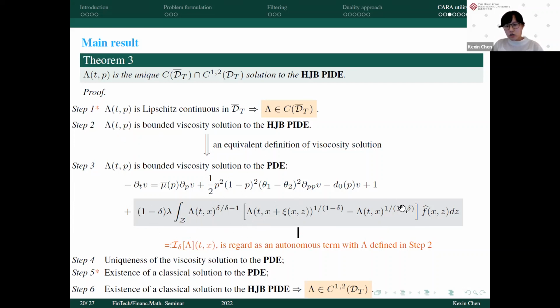And this gray colored term, which we denote by I delta lambda, we regard it as an autonomous term, that is with the lambda defined in the previous step.